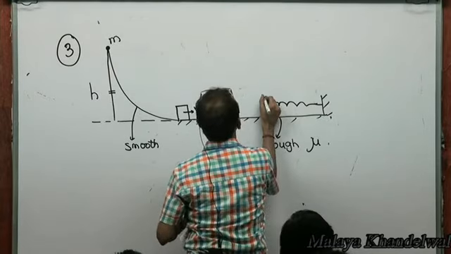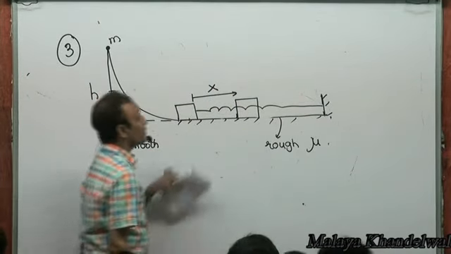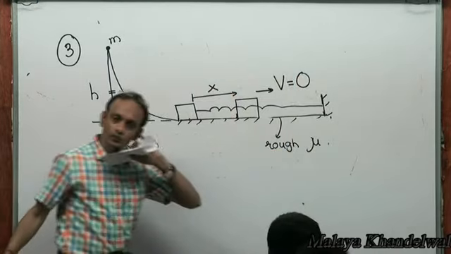Just to be technically correct, let's say the mass was here and the spring was here totally, and this compresses the spring by a certain amount x. By the time the spring gets compressed by an amount x, and if this is x max, the velocity of this particle must have got reduced to 0.